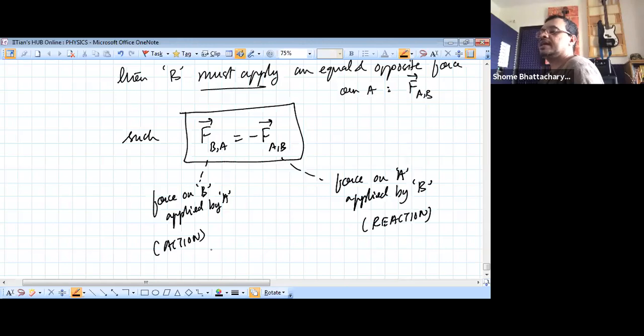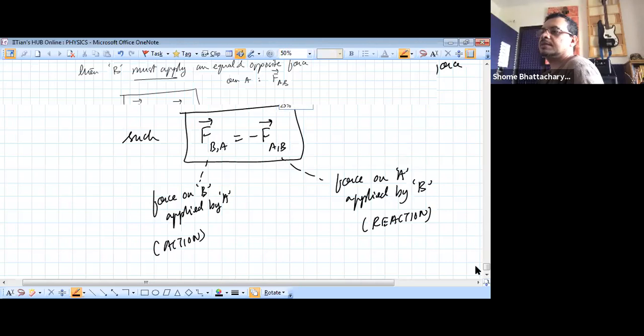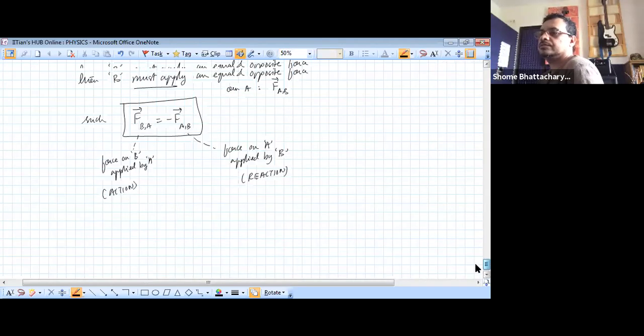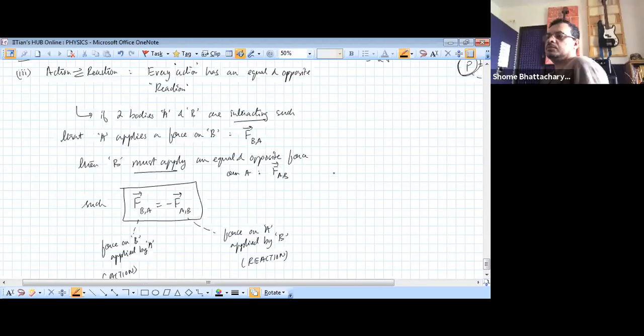If we say this one is the action, then that one becomes the reaction. But importantly, they have to be same in magnitude but opposite in direction. So that is the meaning of Newton's third law. Just a minute, I'll minimize this and you can write down this statement. And I'll also give you an example of what we mean by two bodies interacting with each other. But first, write down this statement.